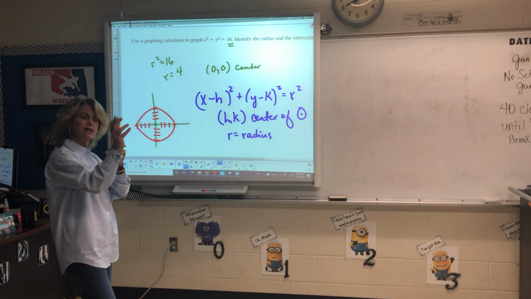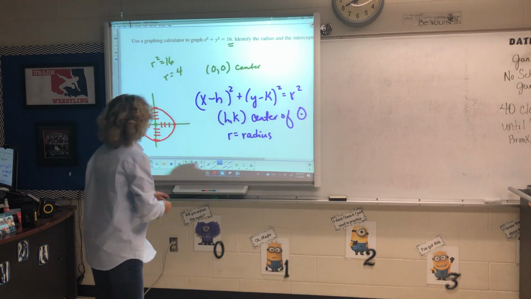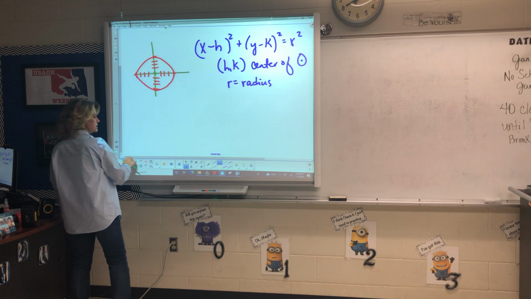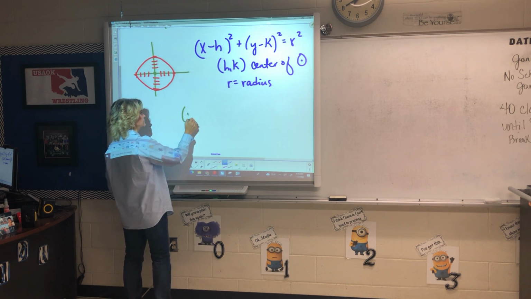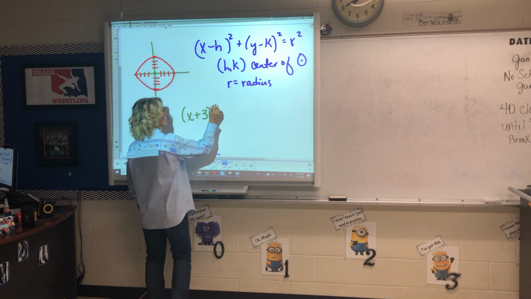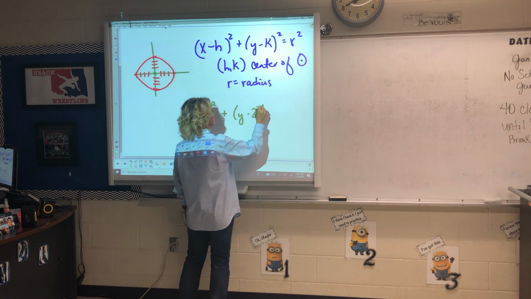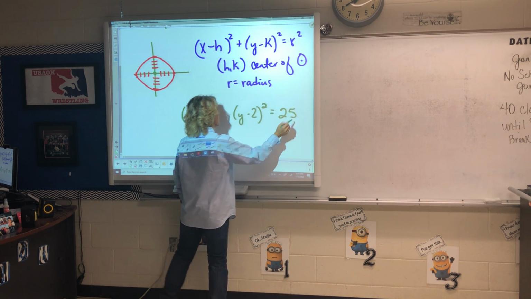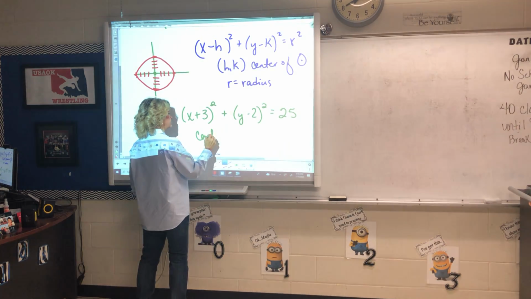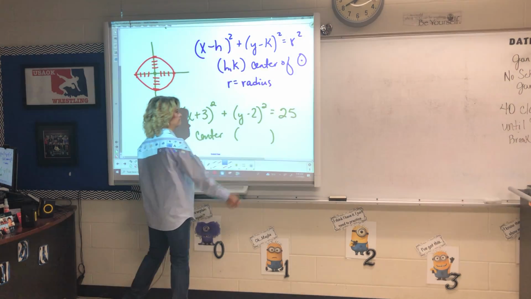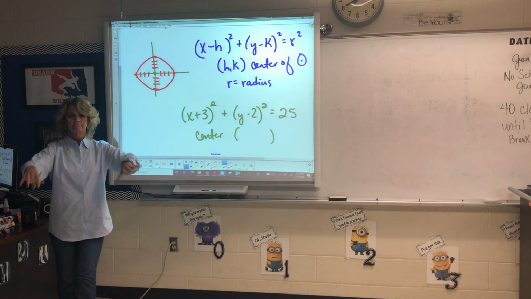So I'm going to twist this up just a little bit. Is that okay? And I'll be sure that I give it a pretty radius. Okay, where's the center of my circle? -3, 2.